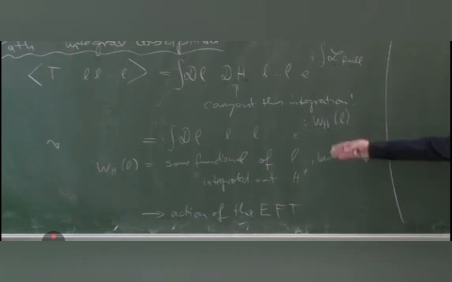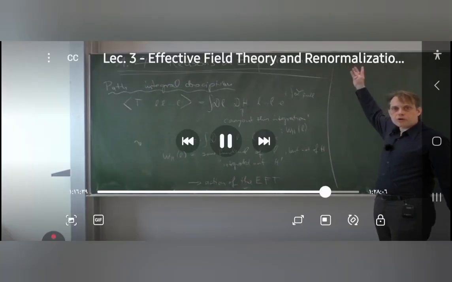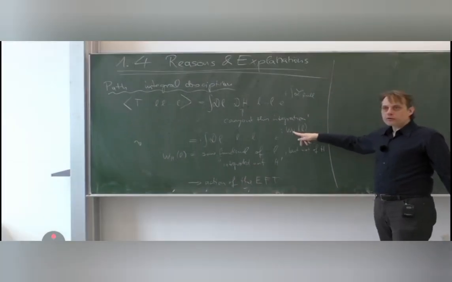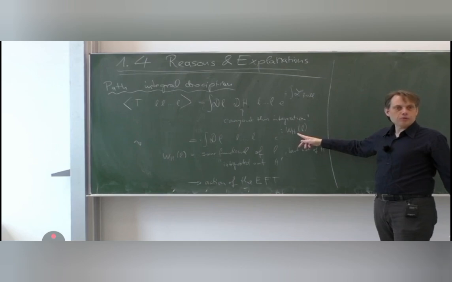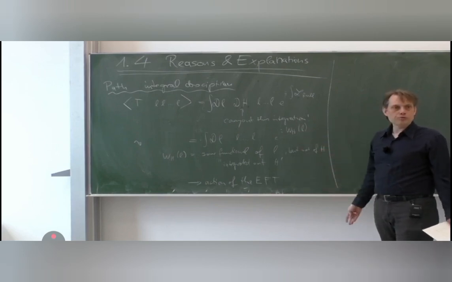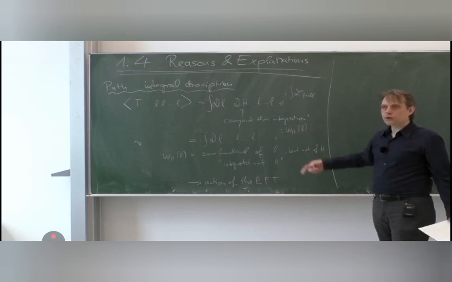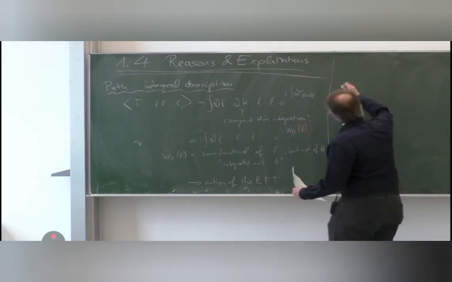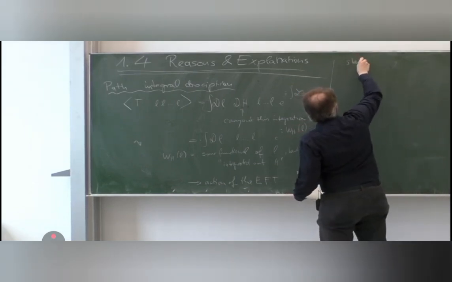And second, more in detail, we have observed that we can obtain the action by using the equation of motion trick. Therefore, let us prove now why the equation of motion trick works in getting this W_H of L. And that is specific to tree level.